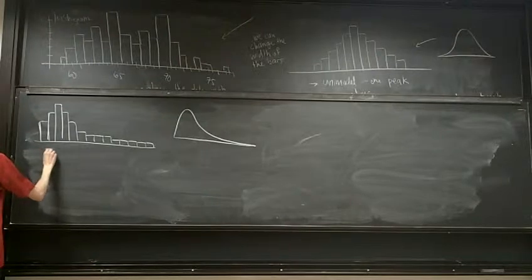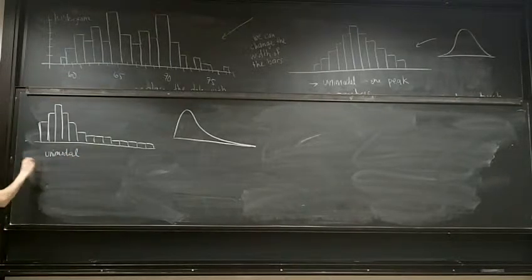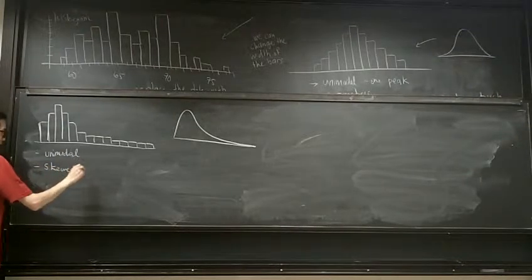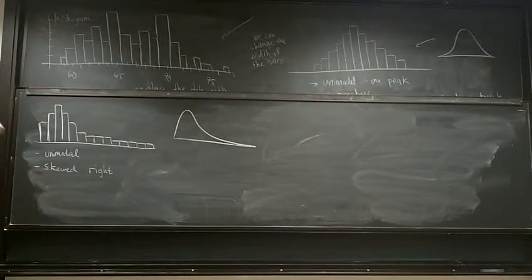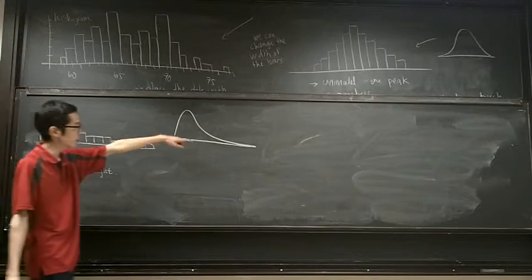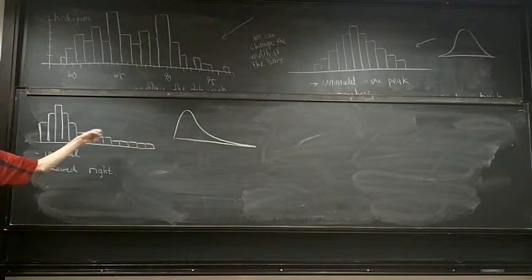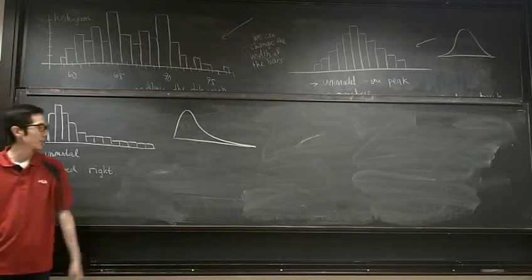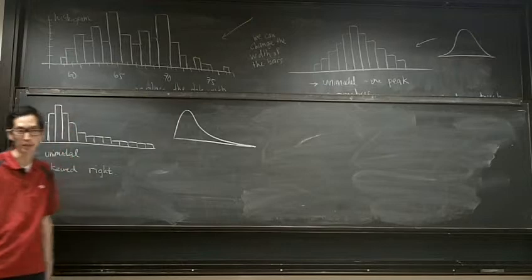One. So this is still unimodal, one peak, but this is not symmetric, this is skewed. We would say this is skewed right, because the side that looks like a skewer is on the right. If you were to cut this out of the board and stab some meat with it, the side you would use to do the skewering is on the right, so this is skewed right.